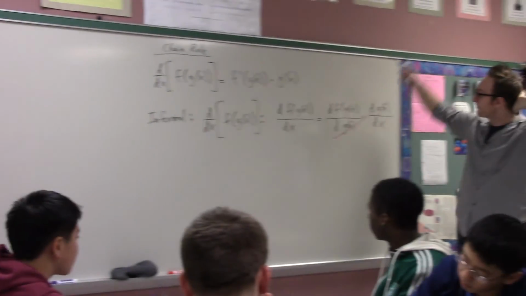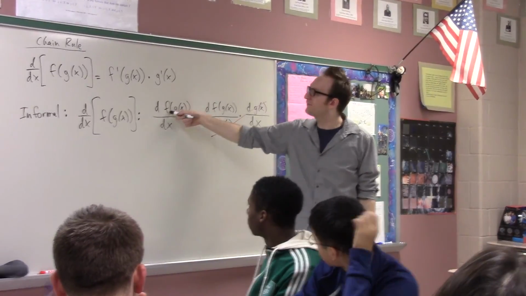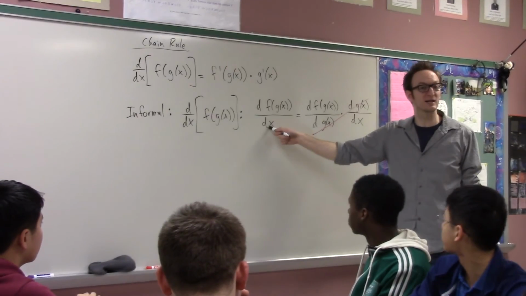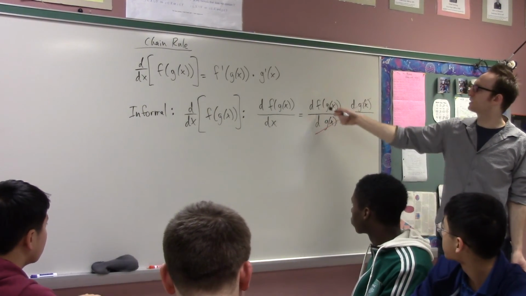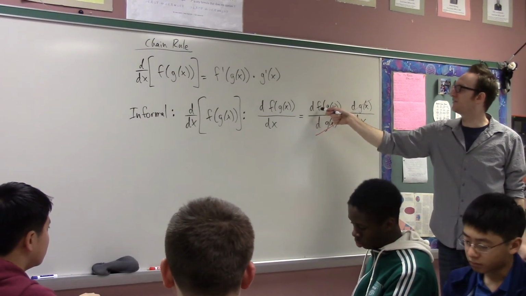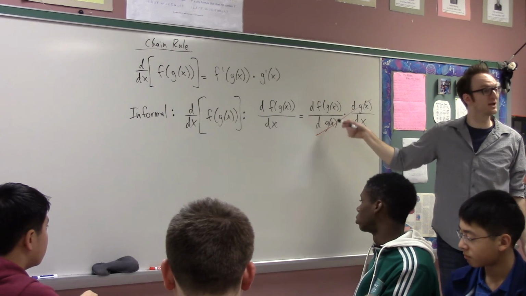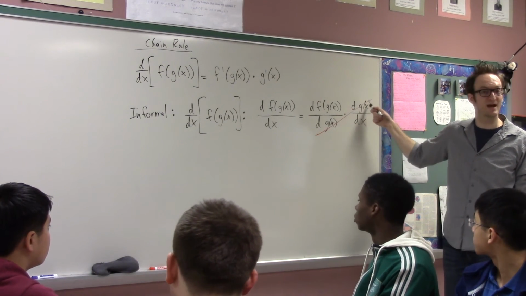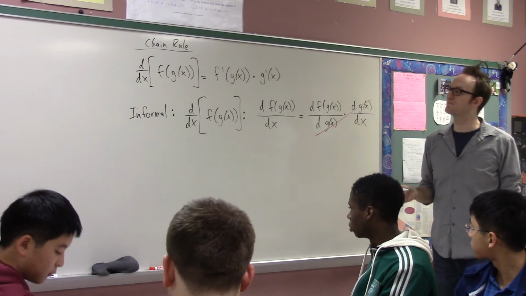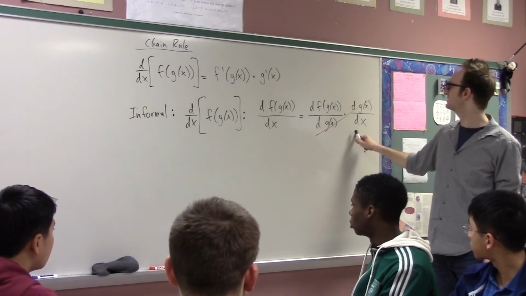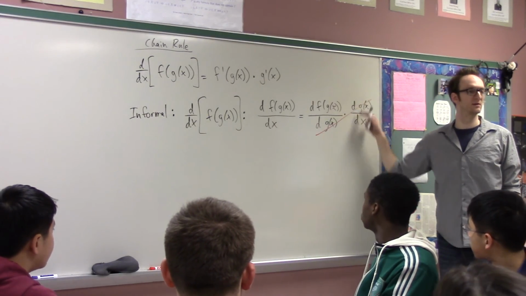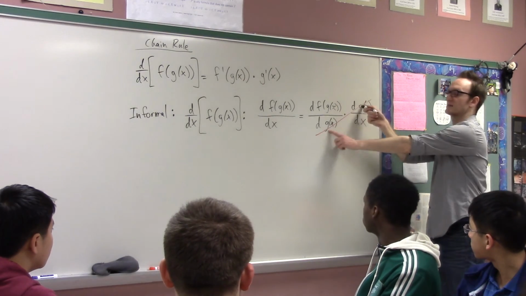Informally, the chain rule says that the rate of change of f of g of x with respect to x is the rate of change of f of g of x with respect to g of x times the rate of change of g of x with respect to x. And so what's missing from this thing is like this.